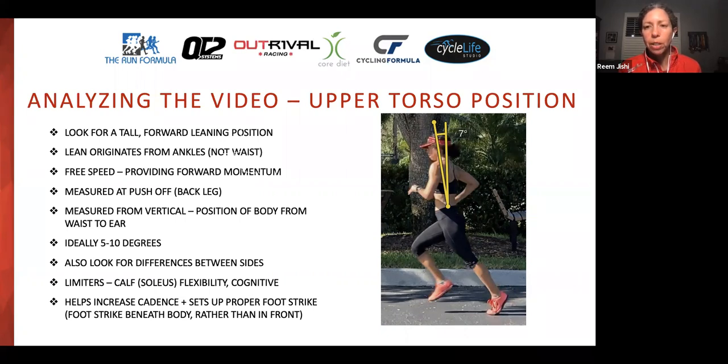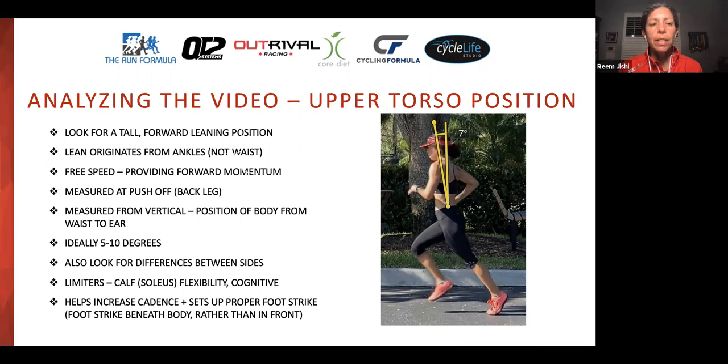That's where the line gets drawn. You go from the waist through your ears, and then you go from the waist and go vertical. That's how you measure your degree. You're looking at this in the same shot as you would your extension through your hips, right at the toe off from the back leg. And the forward lean is great because it's about free speed.